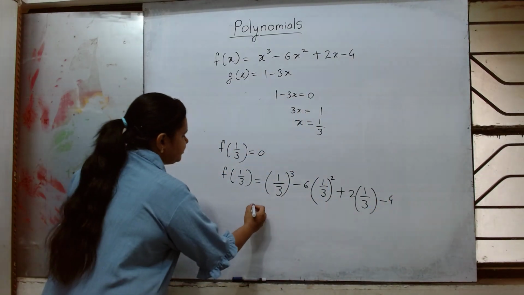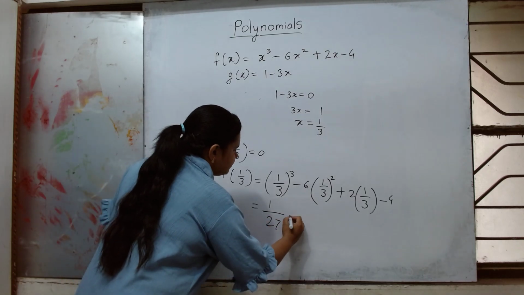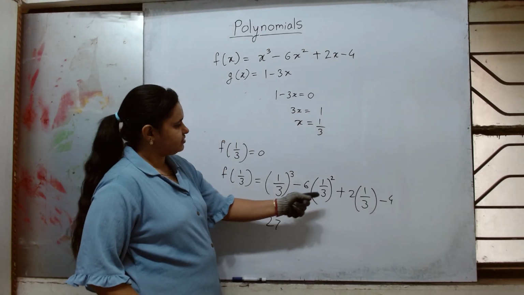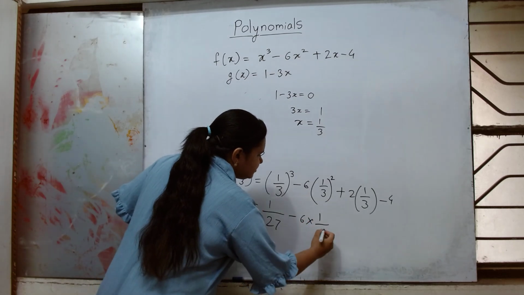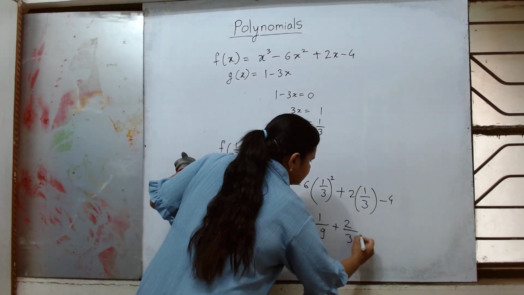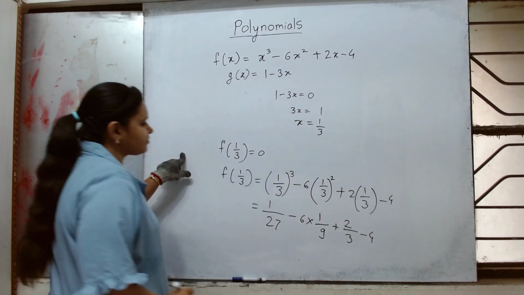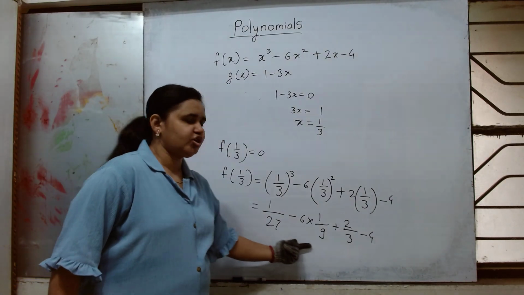So it will be 1 cube is 1, 3 cube is 27, minus 6 multiplied by 1 square is 1, 3 square is 9, plus 2 upon 3 minus 4. Now we have to take the LCM because the denominators are different.